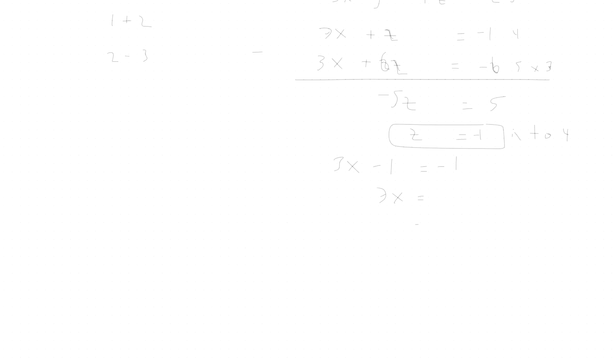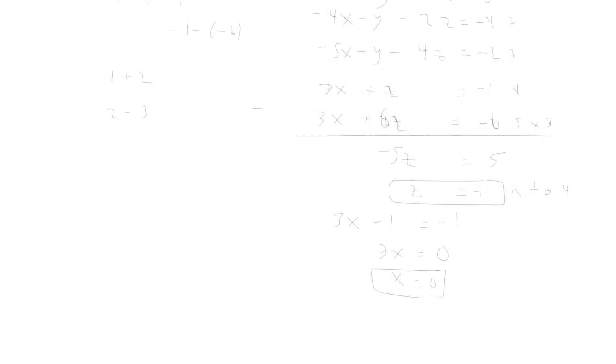Now we're going to sub that into one of the first 3. So say we sub that into 3. Negative 5 times 0 is 0. Minus y, and then minus 4 times negative 1, which is plus 4, equals negative 2. Let's check that. Negative y minus 4 times negative 1 is plus 4.